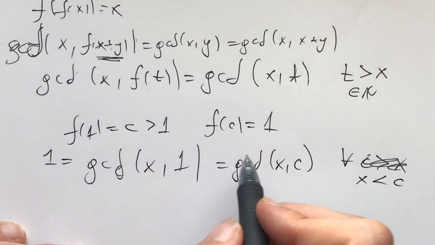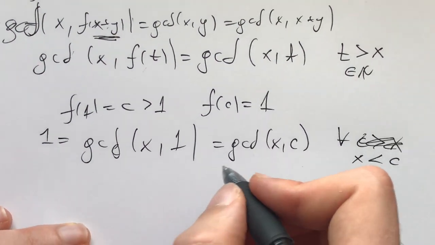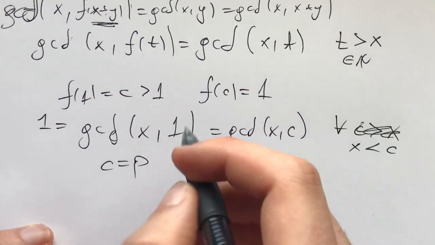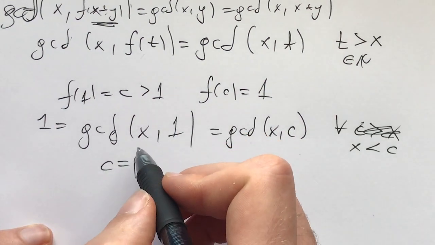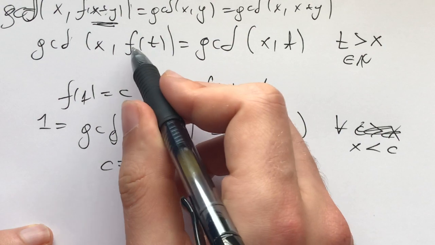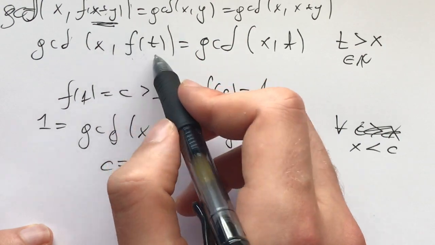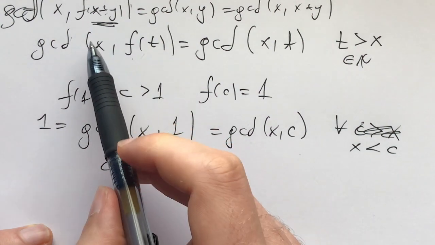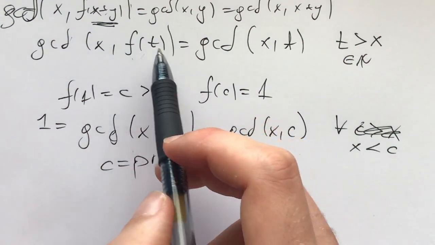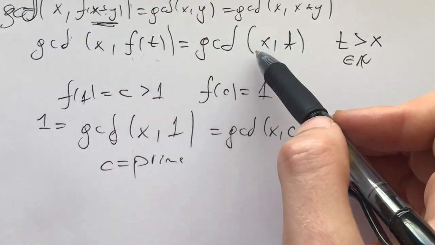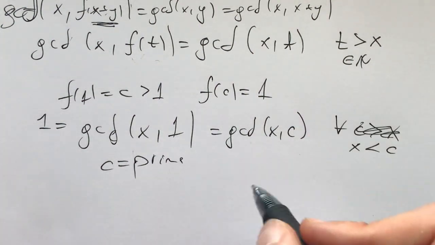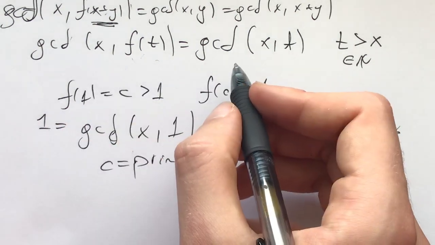And now this actually can be true if c is a prime number. If c is prime, then putting t as c, this is the only place where we have an f. For t equal to c, which is a prime, we will have the GCD of x and that prime, which is 1, equal to the GCD of x and the prime, which is also 1, for all x less than that prime, so we'll be good.